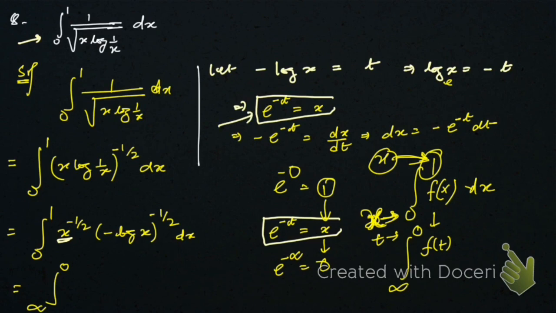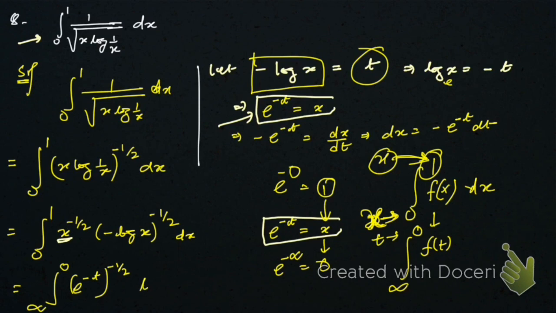So x will be replaced by e to the power minus t, then we have whole to the power minus half. Then minus log of x is equal to t, so let us replace it by t. Then we have power minus half, then dx will be replaced by minus e to the power minus t dt.